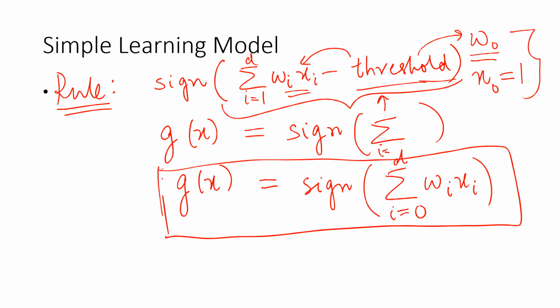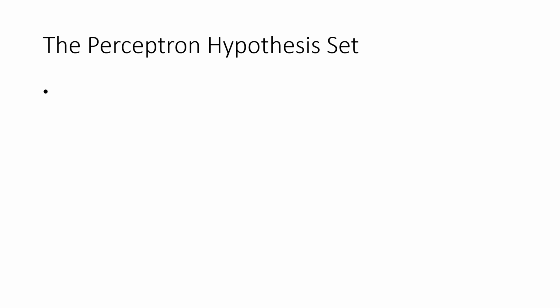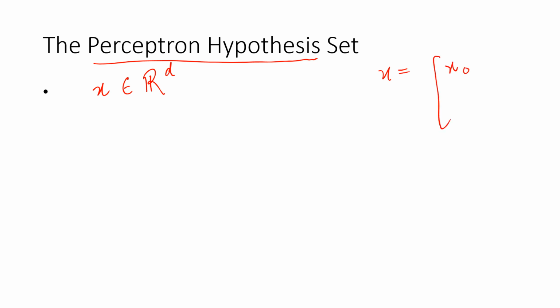I'll come to the perceptron hypothesis set, so think of it as me building towards that, but I'm still not there yet. Originally my x was a d-dimensional vector, but now I have this augmented value, such that x has x0 and then x1 and so on up to xd, and this x0 I know will always be 1.